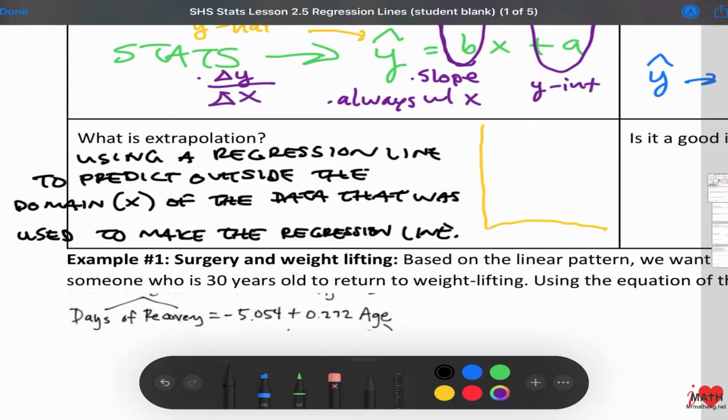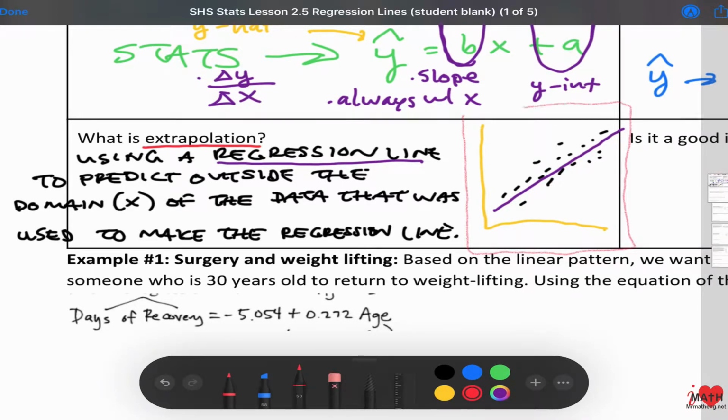Okay, what does this mean? Let's say this is my data, right? And then here is your regression line. It's here in purple. And extrapolation is kind of outside of this red box.